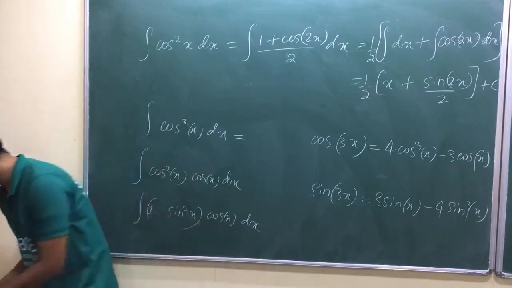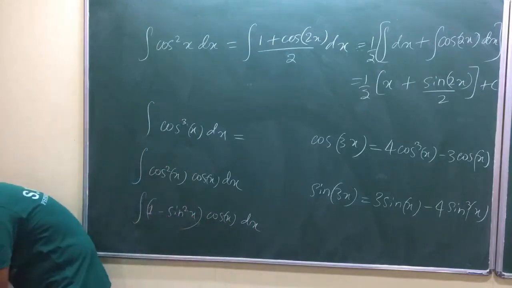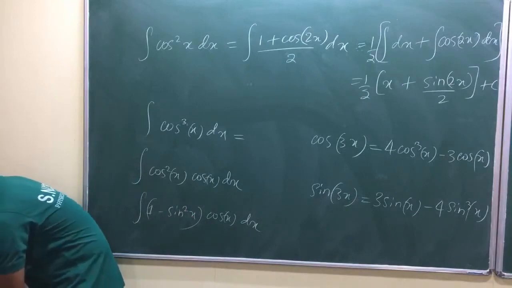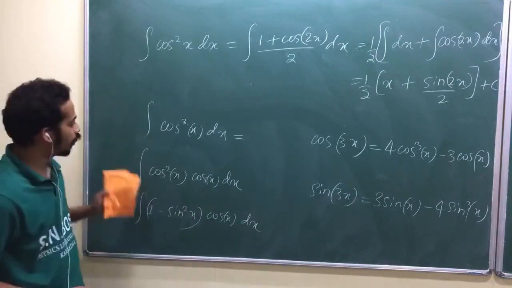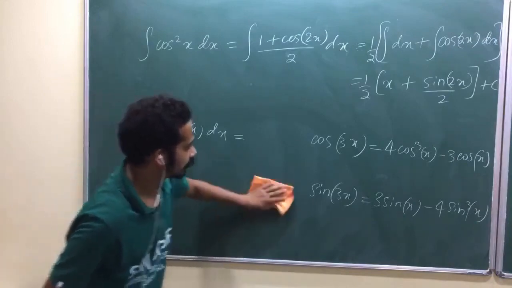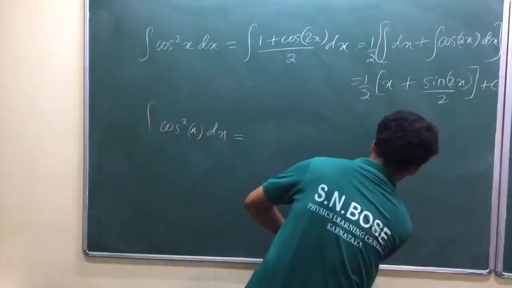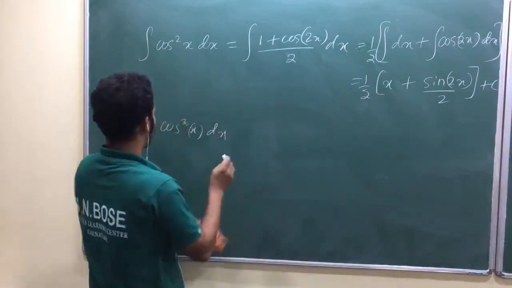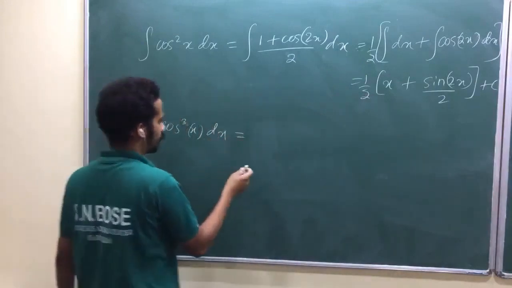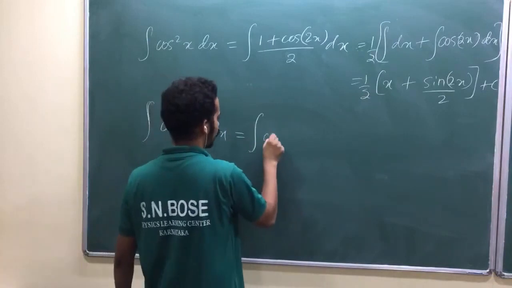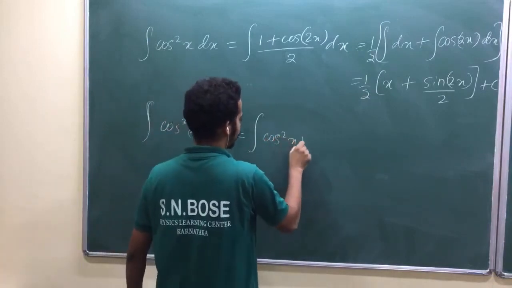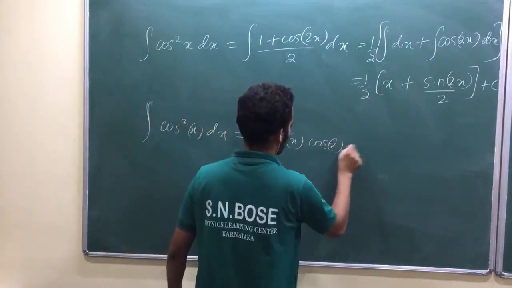I'd better get into some other type of examples, a kind of substitution. That's the best idea. Let me do it like this, as he said. So that's equal to integral of cos cube x, again a kind of practice, isn't it? Integral of cos square x into cos x dx.